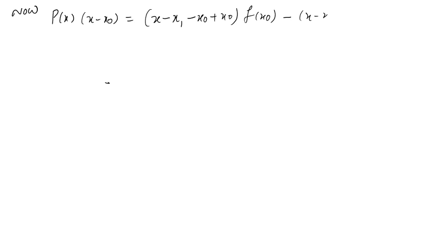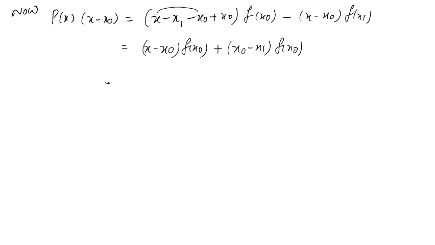see, write this one as p of x into x minus x naught is equal to, in the first term this is x minus x1, let us add and subtract x naught, f of x naught, and this term as usual, x minus x naught into f of x1, so this is equal to, let us club these two terms first, so x minus x naught into f of x naught, and remaining plus x naught minus x1 into f of x naught minus x minus x naught into f of x1.